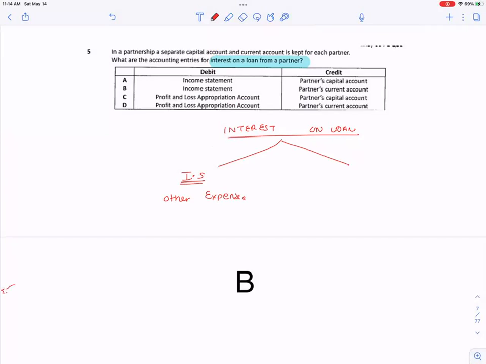Capital account, current account. If both capital account and current account are given, capital account gets first preference. Otherwise, it normally appears in current account.